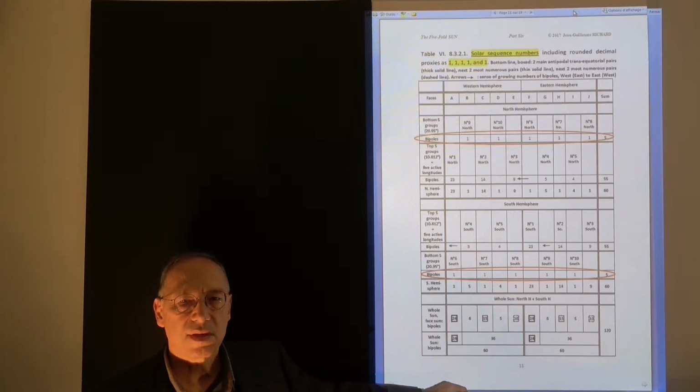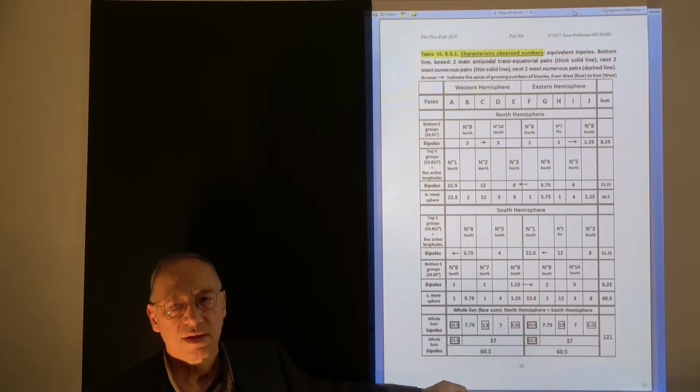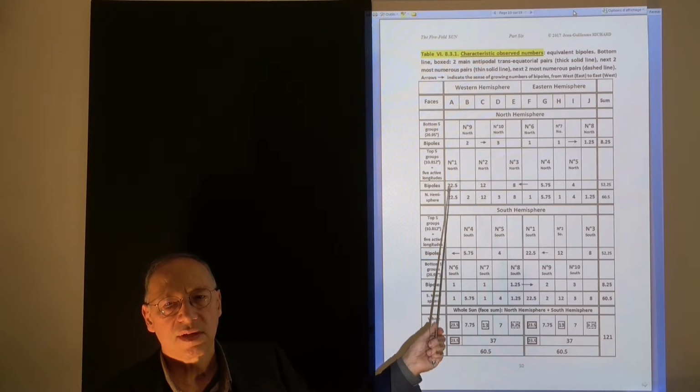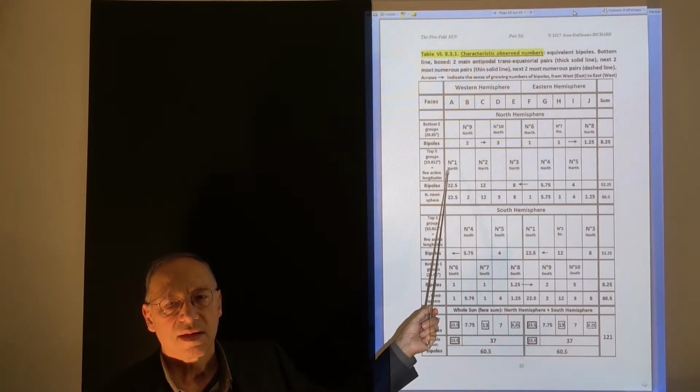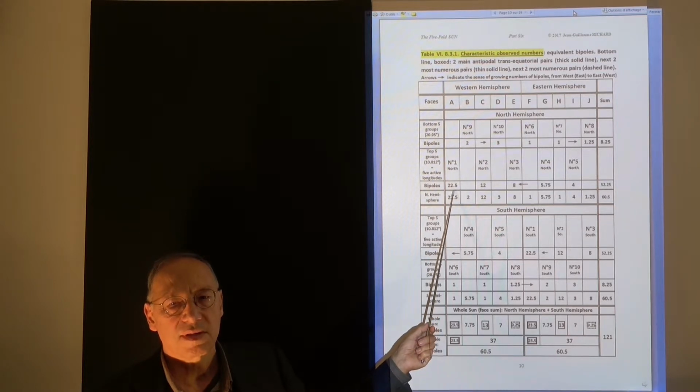Now you see the same table, but the characteristic numbers of B-poles are replaced by idealized solar sequence numbers. I go back to the previous page, where you see, for instance, that in face A, the number 1 group in the north hemisphere has characteristically, as shown in the previous videos, 22.5 B-poles, i.e. either 22 or 23.